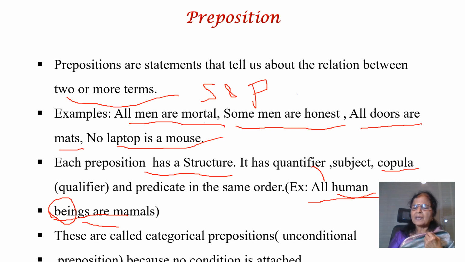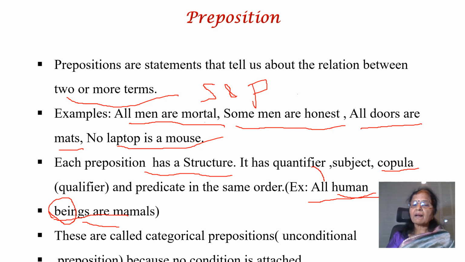On the other hand, there are certain prepositions which are called conditional preposition. Why? Because some condition is attached to it. And the conditional preposition can be of two types, hypothetical preposition or disjunctive preposition. What is hypothetical preposition? A condition is attached. For example, if I say, if you clear NET, you can get into your university. So there is a condition attached.